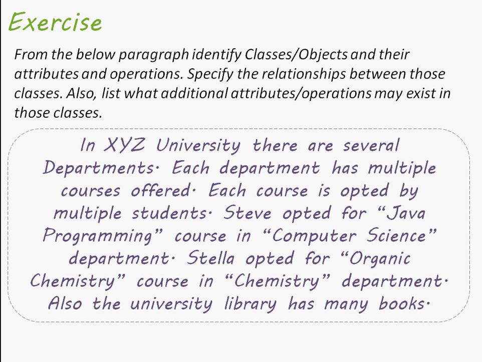Likewise, department is a class, and computer science department is an object of the class called department. Chemistry department is an object of the class called department. So follow the example and identify all the classes, attributes, operations, and the relationships.